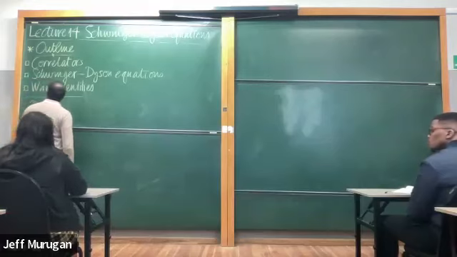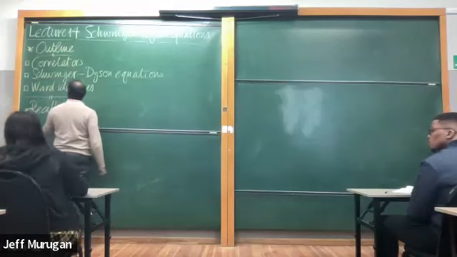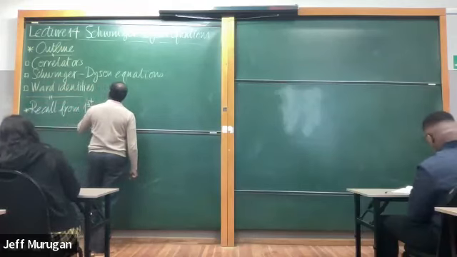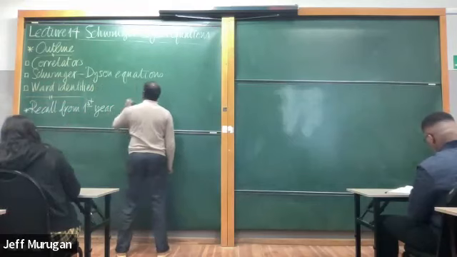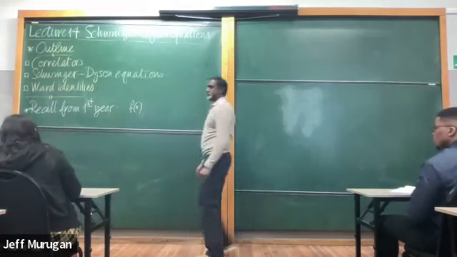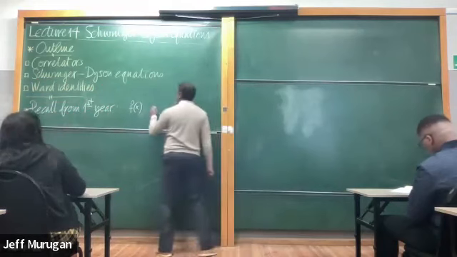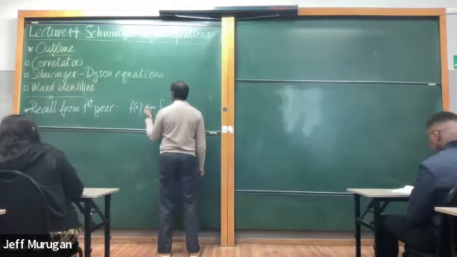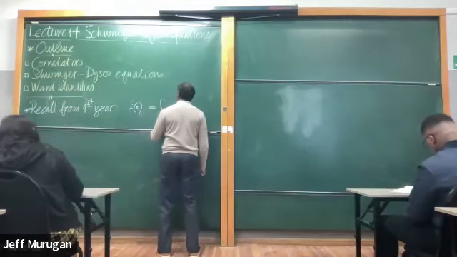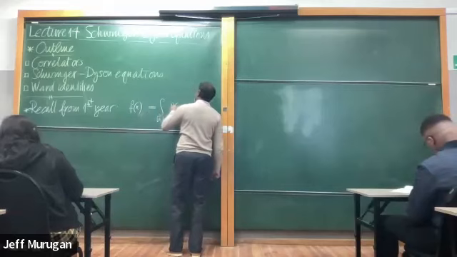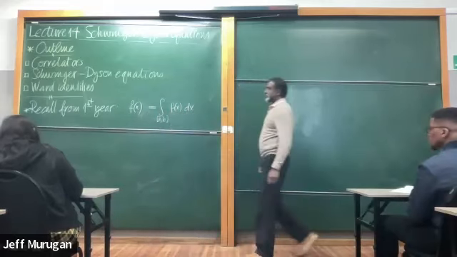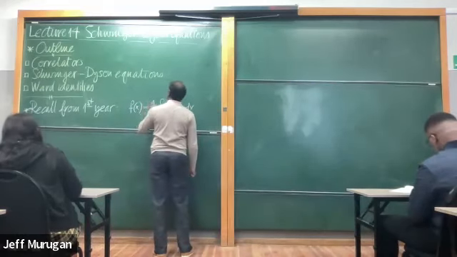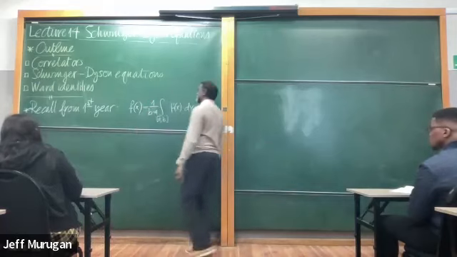So before we go there, I want you to recall from first year that if I have some function f of x and I want to compute the average of that function over some volume, in this case, some interval on the real line, then what I do is I take the function and I integrate it from a to b, and then I divide by the length of the interval, b minus a.